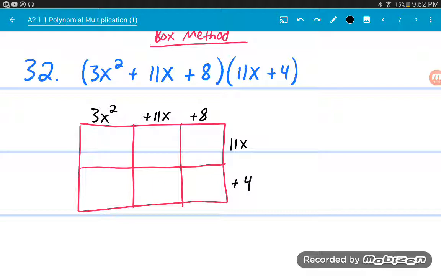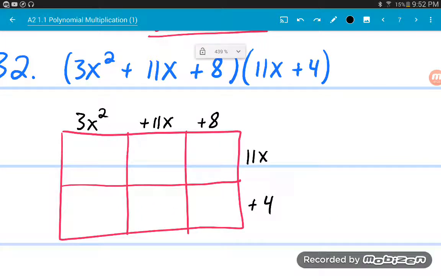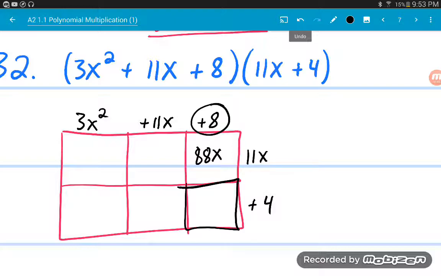Alright. In order to fill in these boxes, the reason I said it is sometimes called the area method is that to fill in each one of these squares, we essentially want to multiply its length times its width. So 8 times 11x is going to be 88x. To fill in this box right here, we're going to multiply 8 times 4. Basically what's on top and what's on the side. Always multiply those.